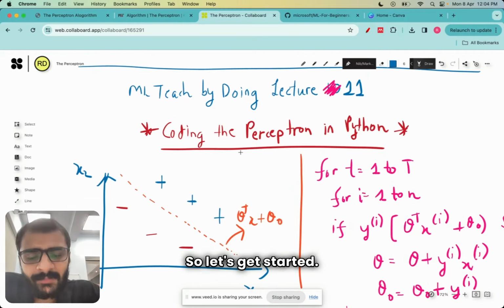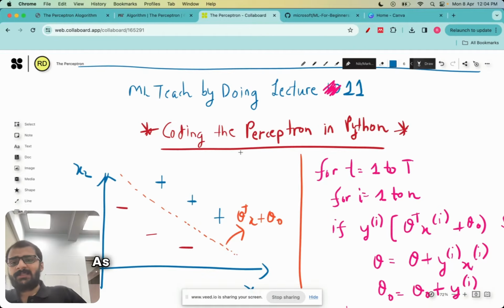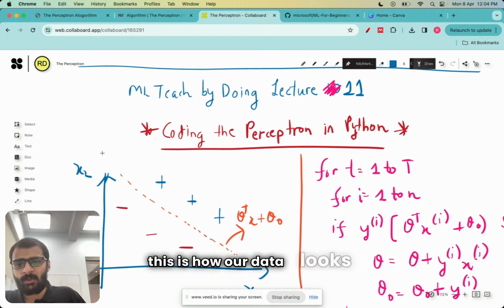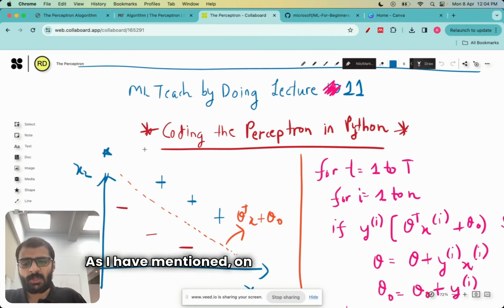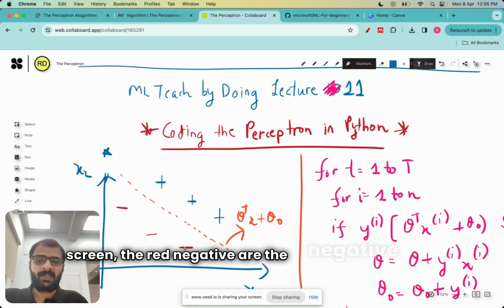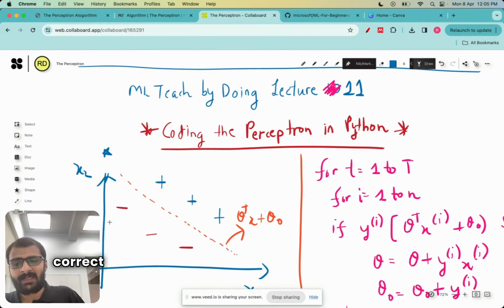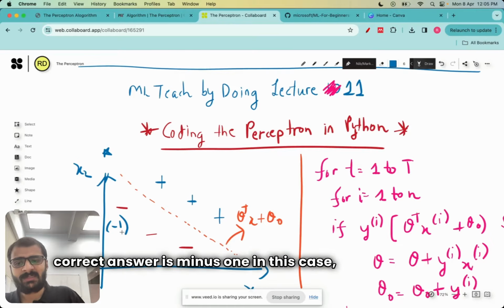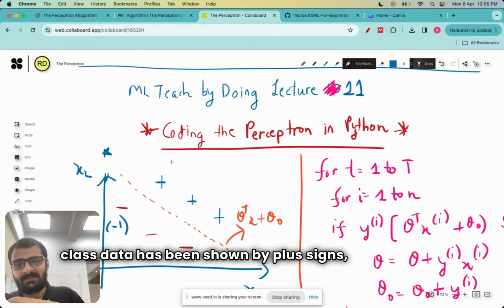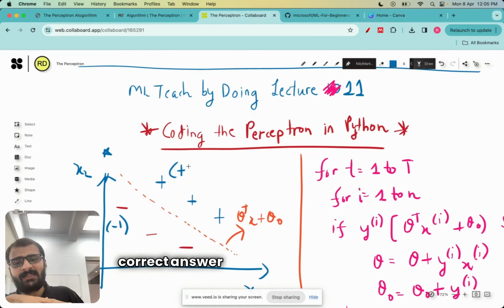So let's get started. As is the case with all classification problems, this is how our data looks. As I've mentioned on the left hand side of the screen, the red points are the negative data, which means the correct answer in this case is -1. And my positive class data has been shown by plus signs, which means the correct answer in this case is +1.